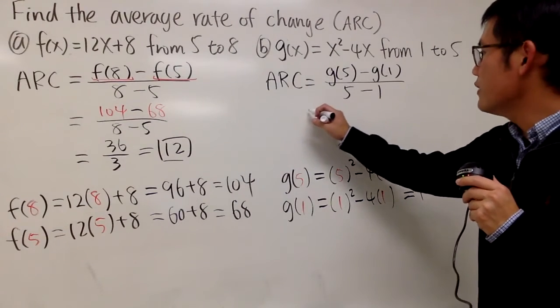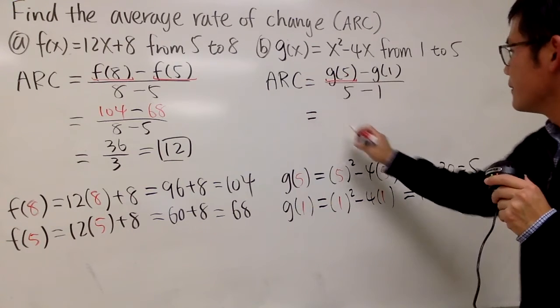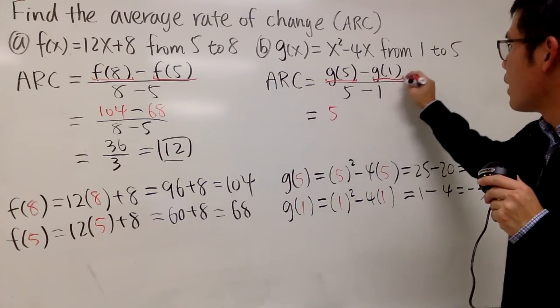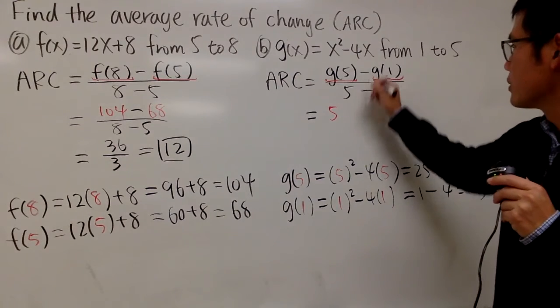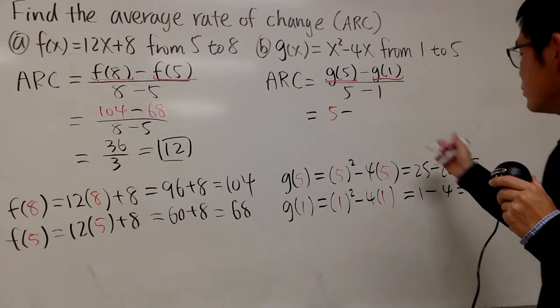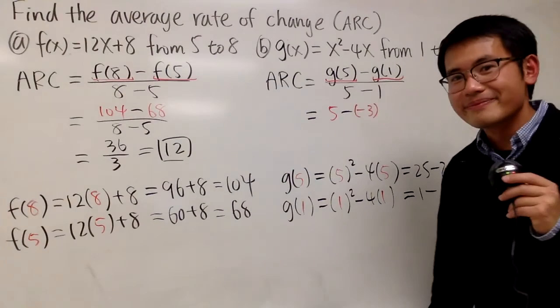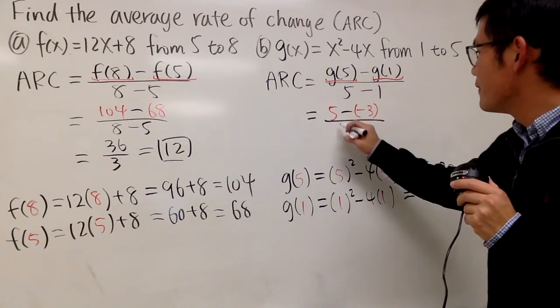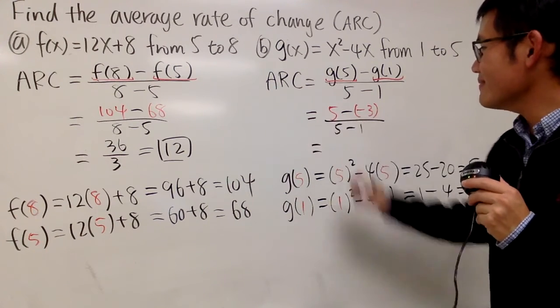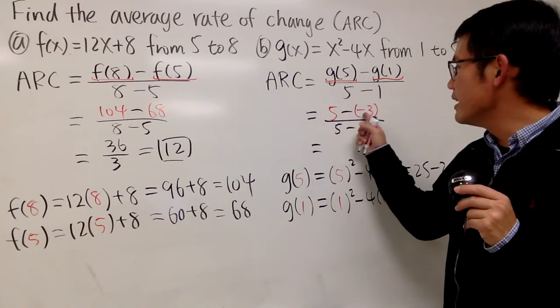So this right here is going to give us the following. G of 5 is 5, and then minus g of 1, which is negative 3. So let me bring down this minus here. G of 1 is negative 3, so it's a negative 3. And technically, I should put that down in the parentheses. And then divided by 5 minus 1. Okay, now on the top, we have 5 minus negative 3.